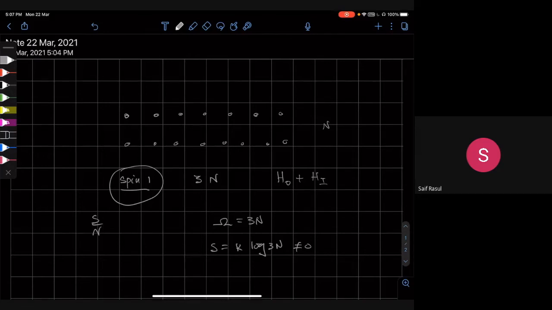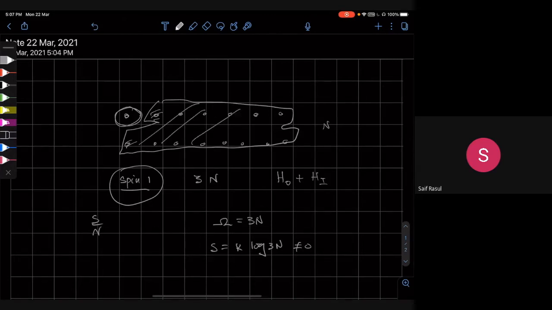It can interact in many ways, but one of them is through the magnetic dipole moment, the effective magnetic dipole moment of all these other spins.